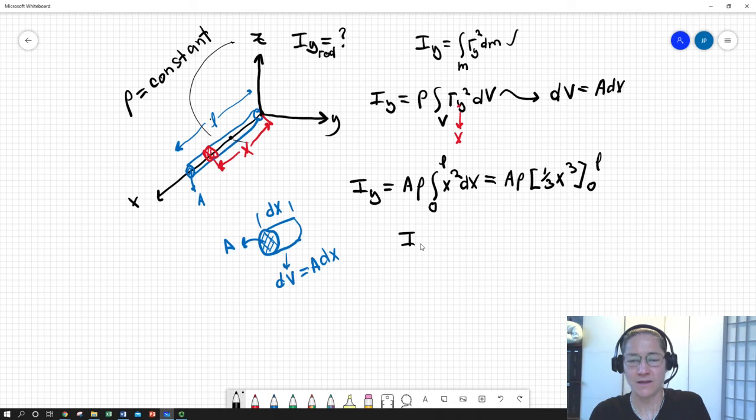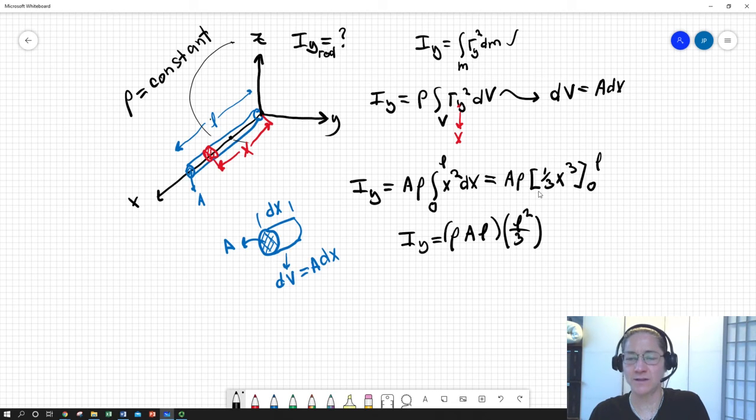So I sub y just equals our density times the cross-sectional area times L times L squared over 3.